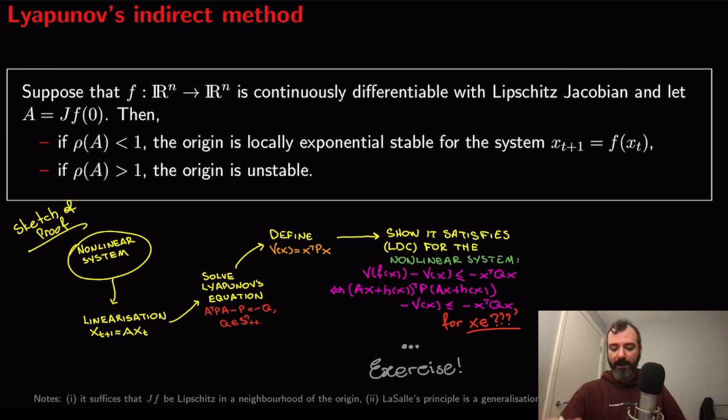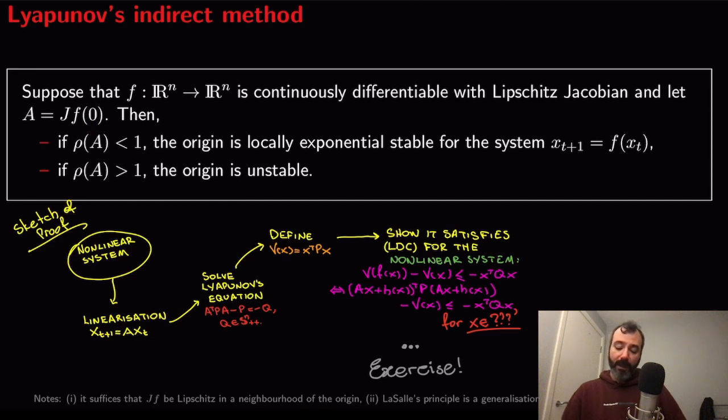And let's read it out. It says that suppose that this function f is continuously differentiable and the Jacobian is Lipschitz with a constant L. I should have written L Lipschitz, although L doesn't really show up in this theorem. So Lipschitz with some constant L, we don't need it here. And let us denote by A the Jacobian of f at 0.